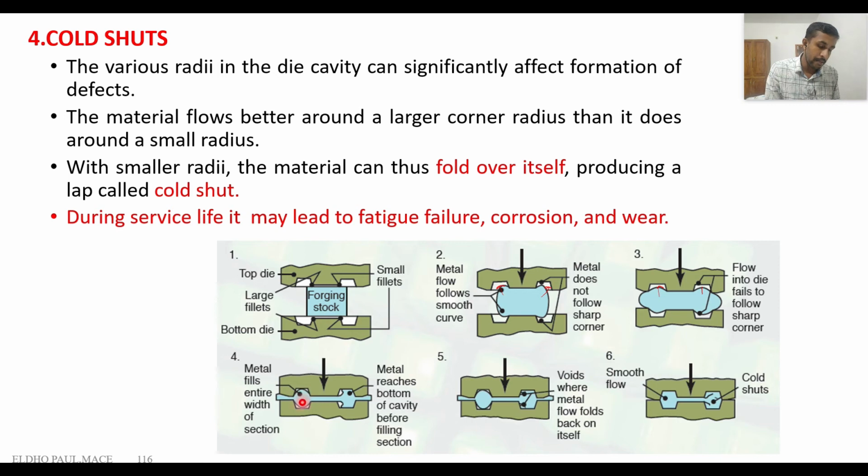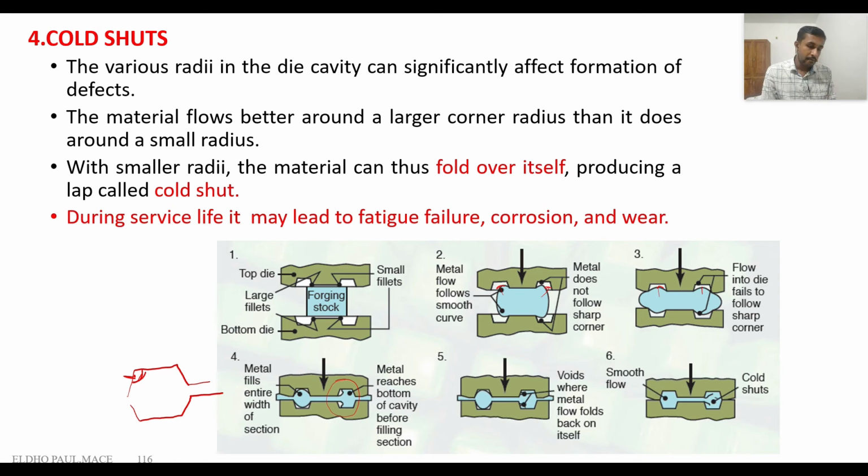Here almost the material is filled, but in this region we can see a sharp corner region. Here the material will be filled like this. There will be some cavity region in the sharp corner regions.